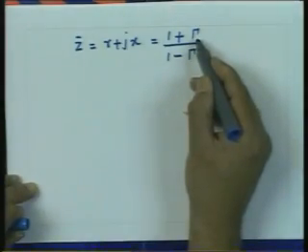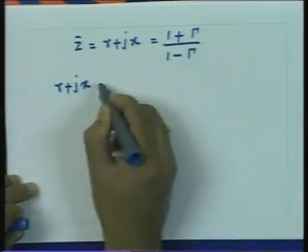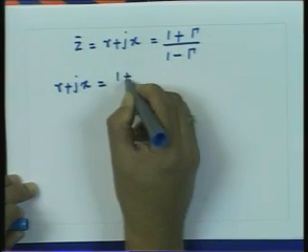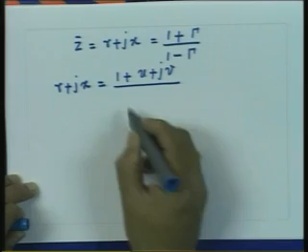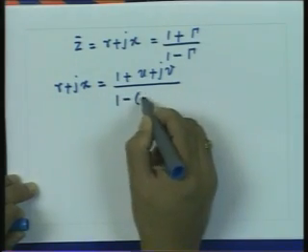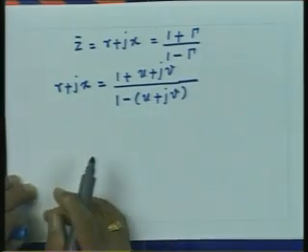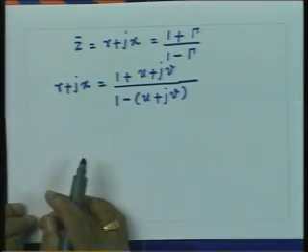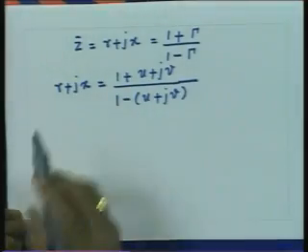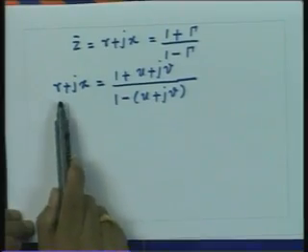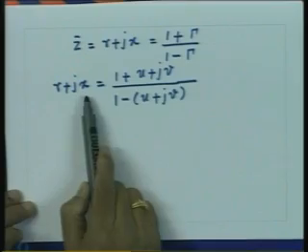Substituting for gamma equal to u plus jv, I get r plus jx equal to 1 plus u plus jv divided by 1 minus u plus jv. I can rationalize this function and separate out the real and imaginary parts. So, I will get r equal to some function of u and v, similarly x equal to some function of u and v.